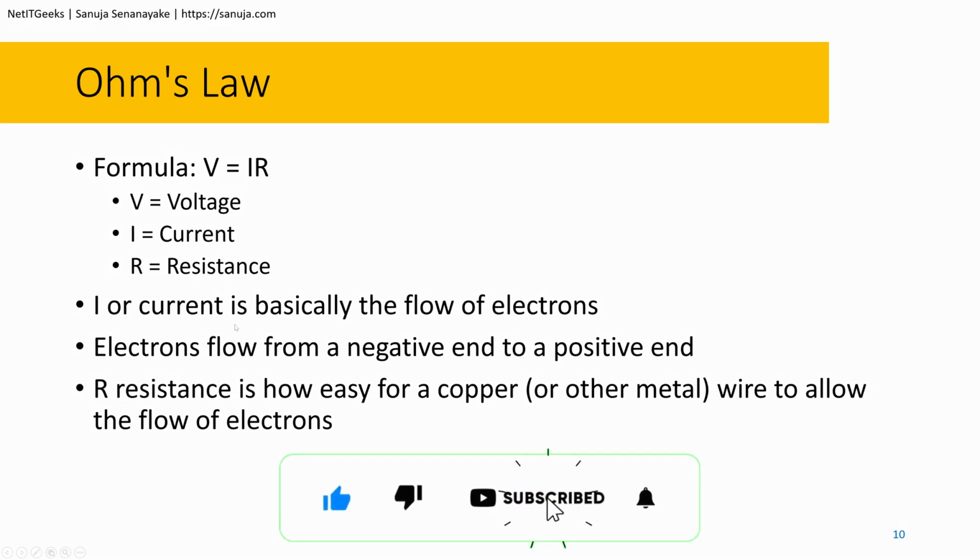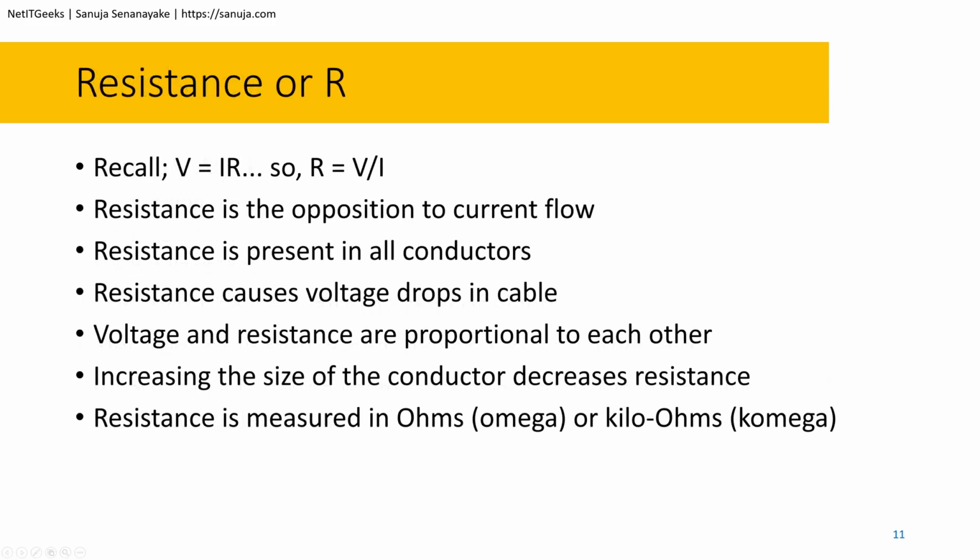I, or current, is basically the flow of electrons. Electrons flow from the negative end to the positive end, as I mentioned. And R is resistance, which is how easily a copper or other metal wire allows that flow of electrons. By using this formula, we can calculate the maximum voltage the wire can support. Recall from that formula that V = IR. If you want to isolate R, it's going to be V divided by I, right?